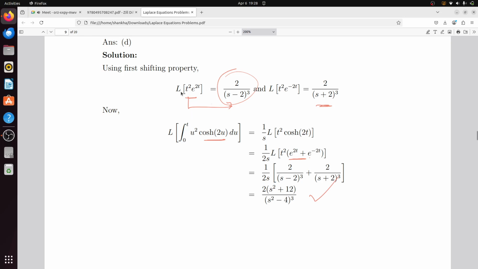Okay, so cos hyperbolic t squared is e to the power 2t. This is 2 by (s minus 2) whole cube, and this is t square e to the power minus 2t, 2 by (s plus 2) whole cube. So this is the integration of this. Okay, so how to do here?